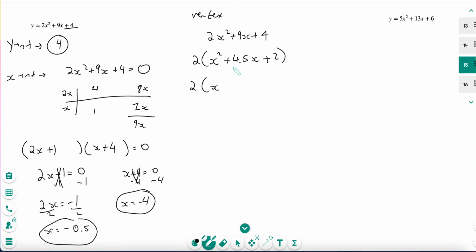We'll grab one of these x's and half 4.5, which is 2.25. Square it, and bring down that plus 2. 2.25 squared is 5.06. To get back to 0, we minus 5.06.